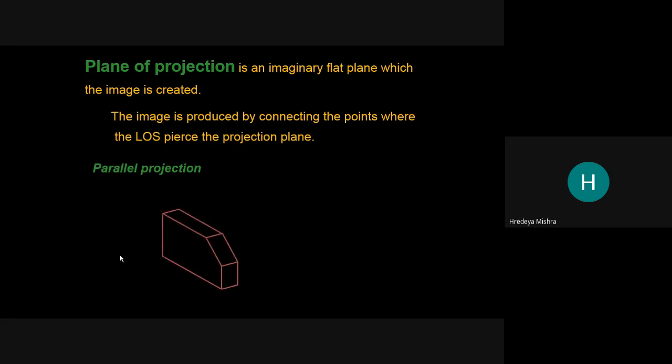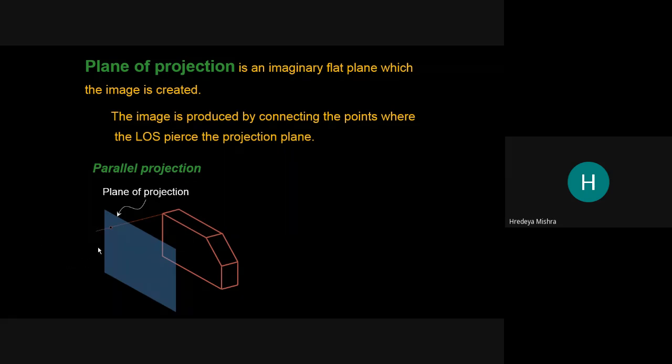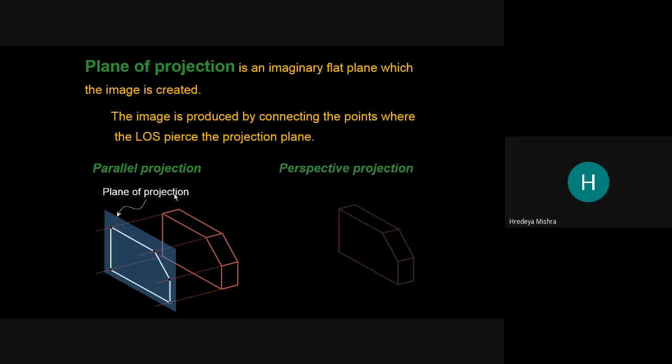Parallel projection, see here. This is our plane of projection and these are the rays which impact on the plane. So we get all the points on the projected plane, and now we draw the drawing.